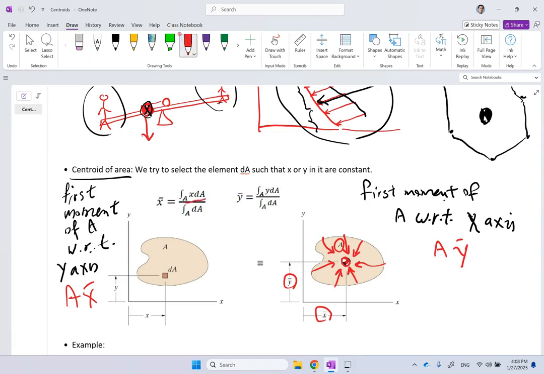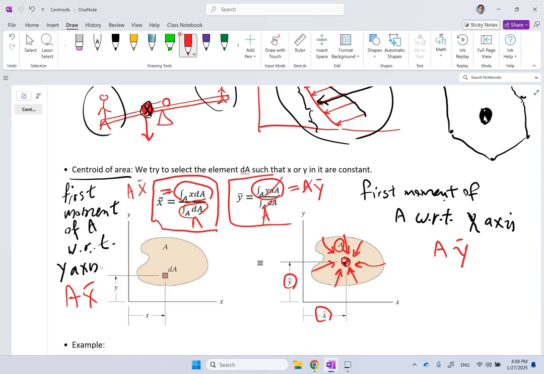So this one is the total moment of the actual surface with respect to the x-axis, and this one is the entire one for the y-axis. So if you say these two are equal, and then these two are equal, then you see clearly from here that if you divide both sides of this by A, then x bar is going to be that integral over A. So you get this formula. And similarly here, correct? You say these two are equal, divide both sides by A, and guess what?